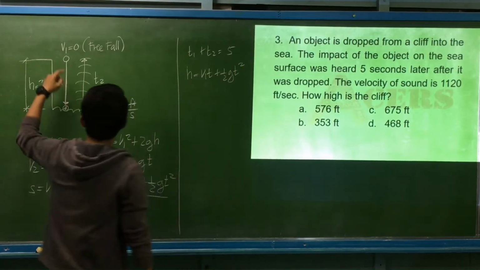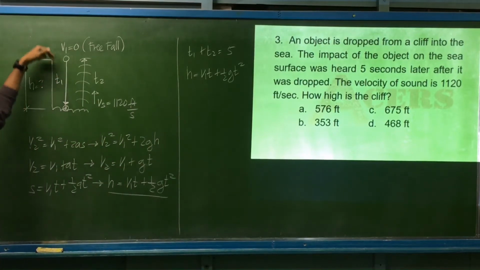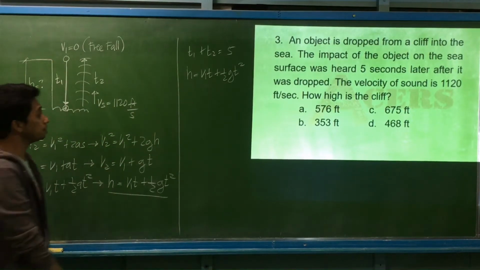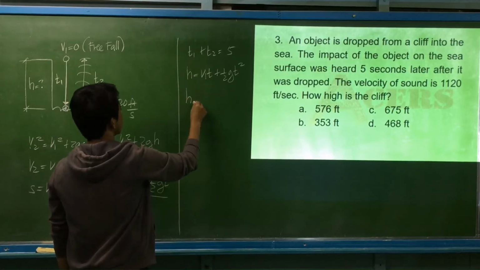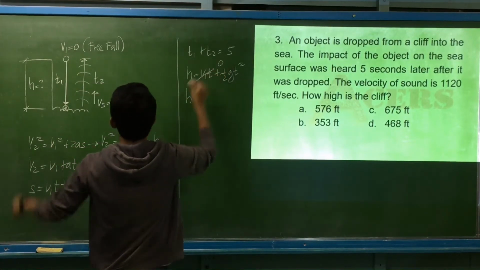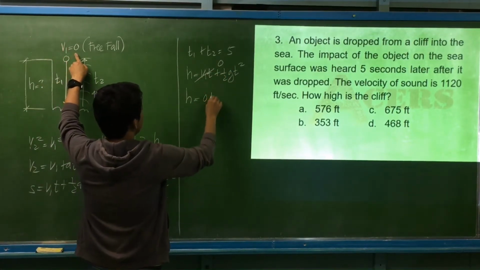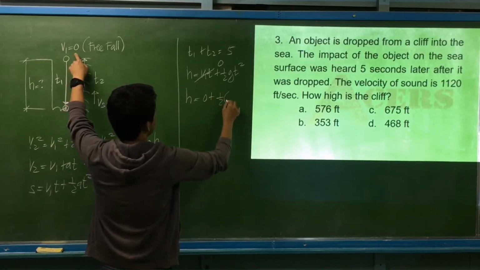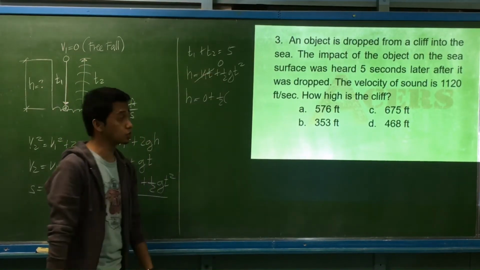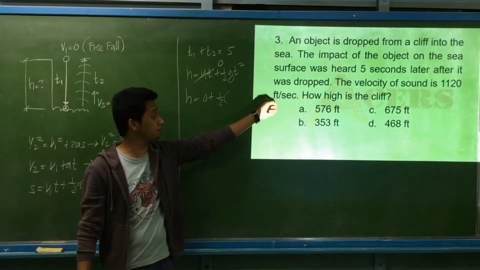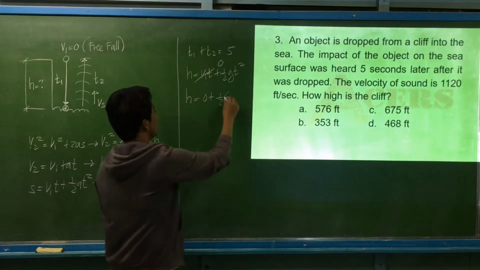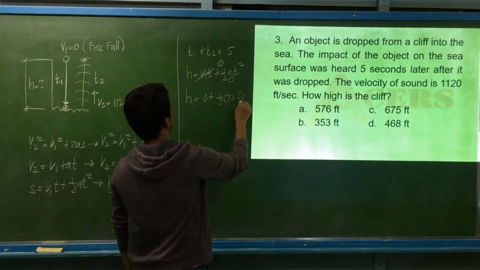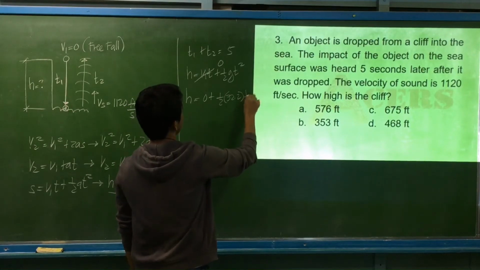So let's say for the object to fall, we have h is equal to initial velocity 0 plus 1/2. This is in English units, we have 32.2 feet per second squared, times the time squared.